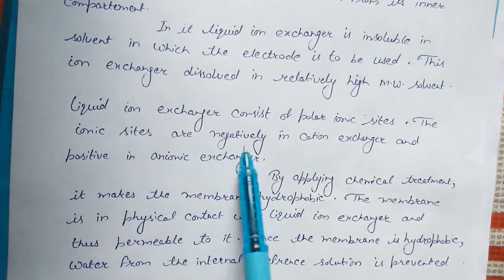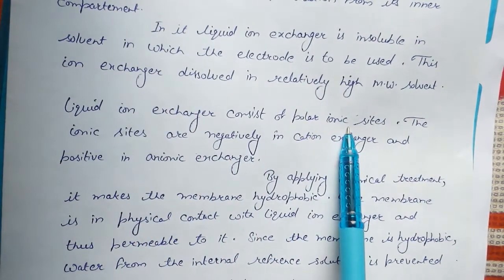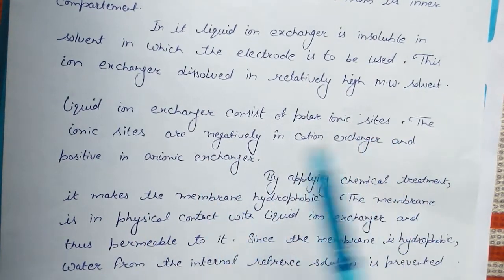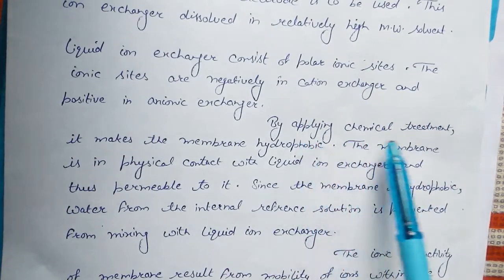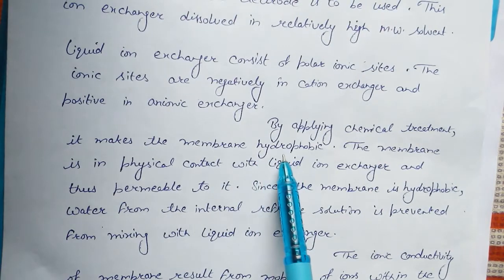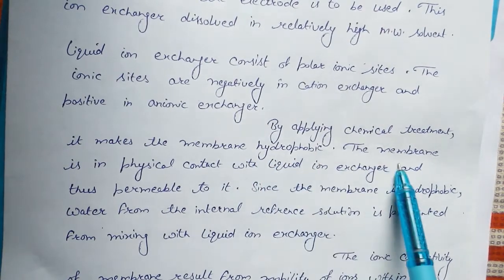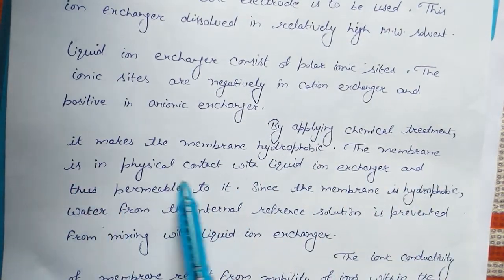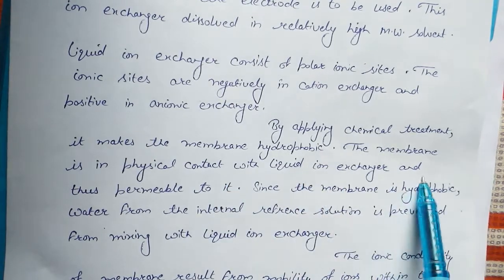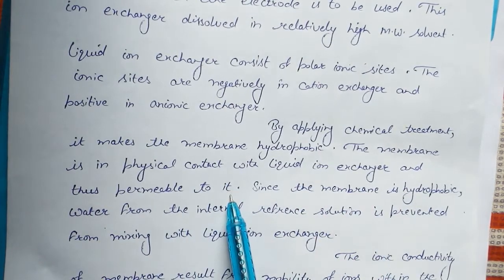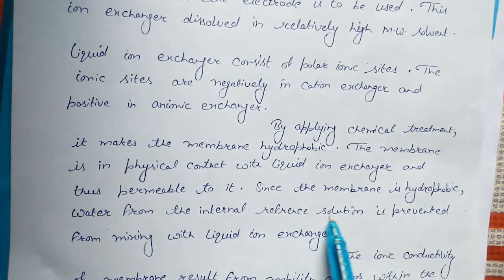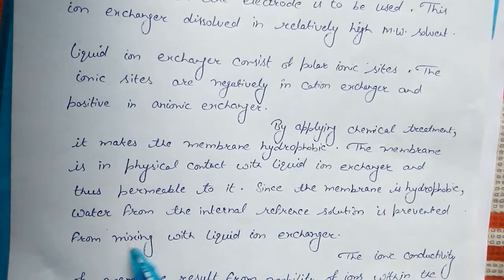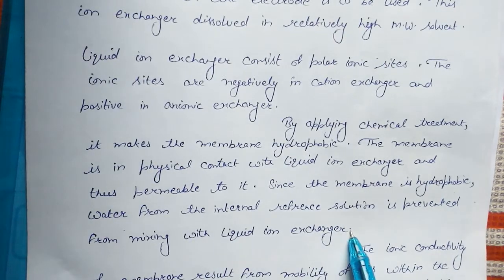So you can say it is polar ionic because it is giving us two poles, cation and anion form, right? Negative and positive form. By applying chemical treatment, it makes the membrane hydrophobic. The membrane is in physical contact with the liquid ion exchanger and thus permeable to it. Since the membrane is hydrophobic, water from the internal reference solution is prevented from mixing with the liquid ion exchanger.